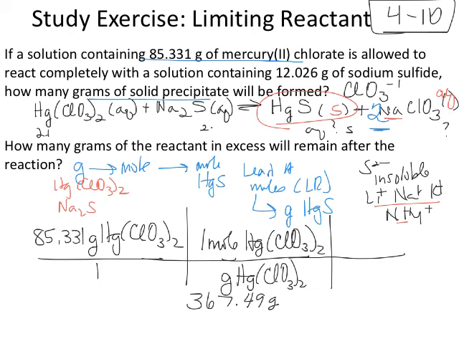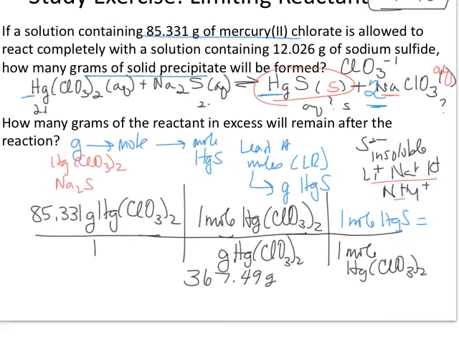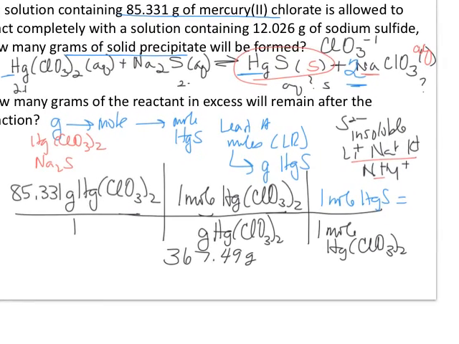And then we look at the balanced equation and see for 1 mole of mercury chlorate, we have how many moles of product? 1 mole of mercury sulfide. And we put that in our calculator. It gives us 0.232 mole of product, mercury sulfide.